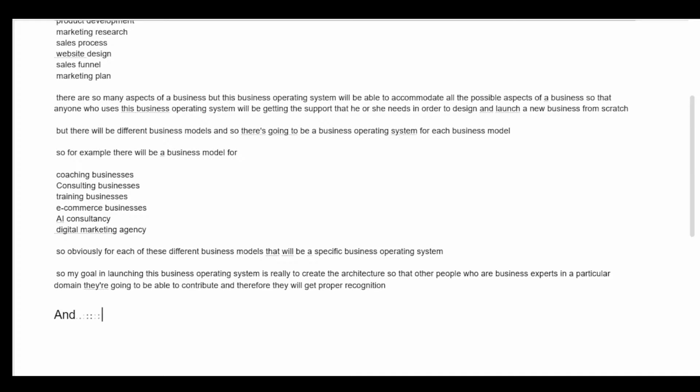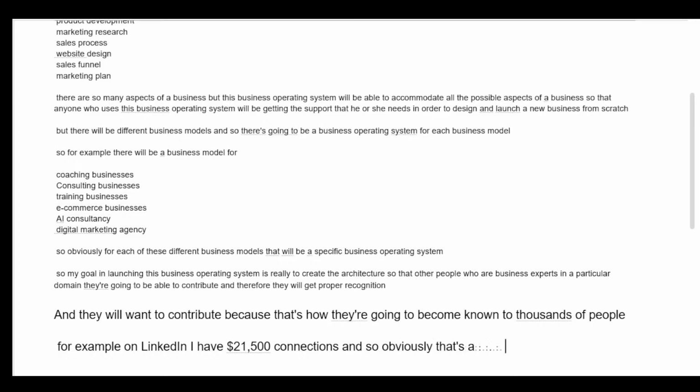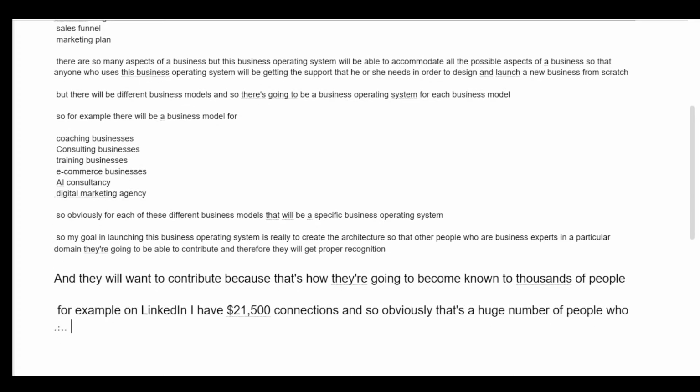And they will want to contribute because that's how they're going to become known to thousands of people. For example, on LinkedIn, I have 21,500 connections. And so obviously that's a huge number of people who will get to know the experts who participate in creating this business operating system.